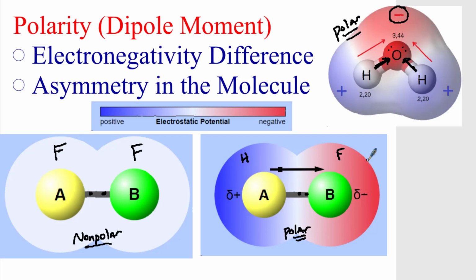So you need two things for a molecule to be polar. Number one, there must be an electronegativity difference. If there's not an electronegativity difference, it is nonpolar right away. But there also has to be an asymmetry in the molecule. If you remember carbon dioxide, oxygen has a higher electronegativity, which means oxygen is going to attract the electrons this way, oxygen is going to attract the electrons this way in a bond, and therefore you have a negative side and a negative side, and the positive is in the middle.